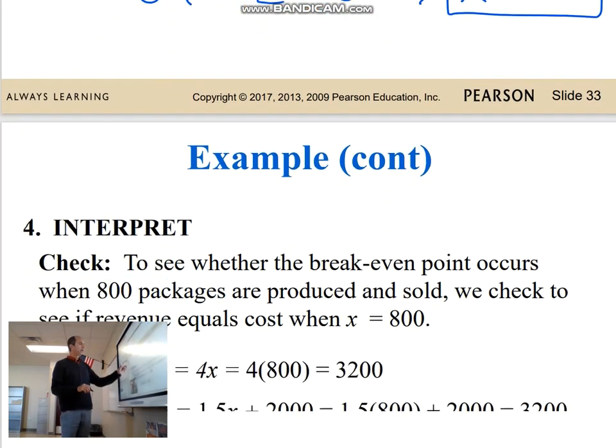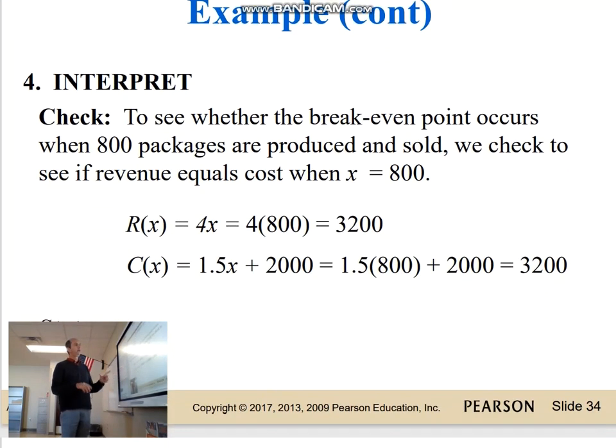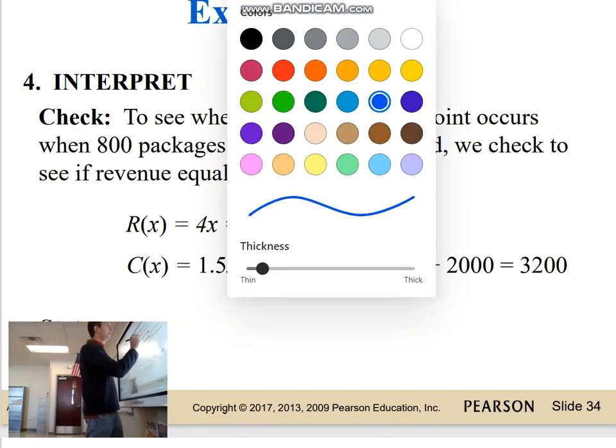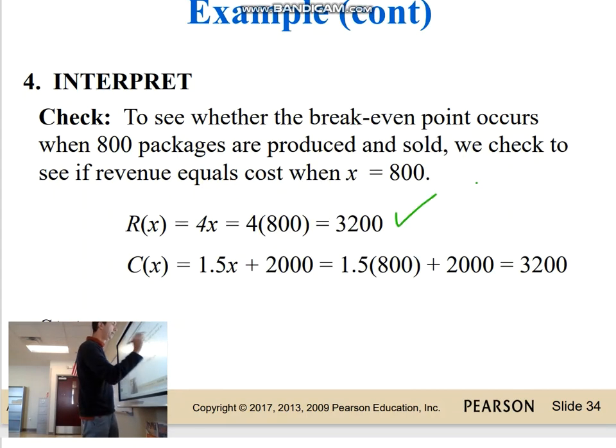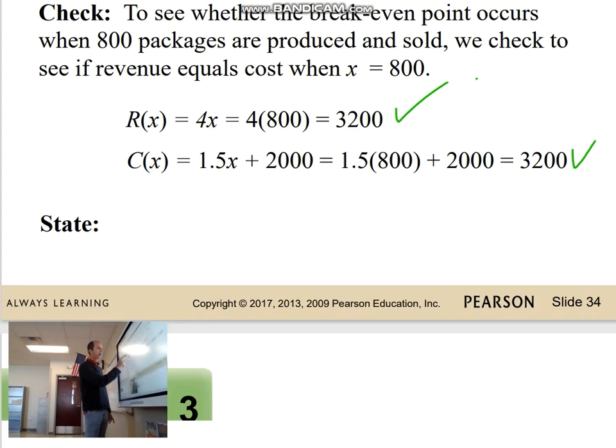Interpret the result. To see whether the break-even point occurs, you have to plug the number into the equation and check if the revenue is really equal to the cost. So check this. Yes, 3,200 is the revenue and 3,200 is the cost. They are even.